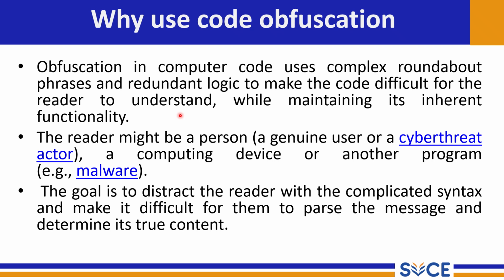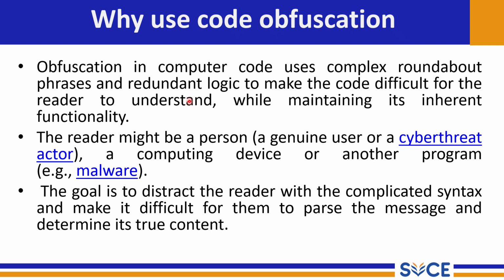Obfuscating the code also makes it harder for threat actors to exploit vulnerabilities in the application in order to install malicious code, escalate privileges, initiate a denial of service attack, that is a DoS attack, and hijack user sessions or spoof user identities.